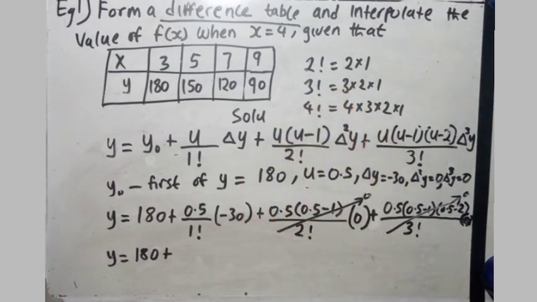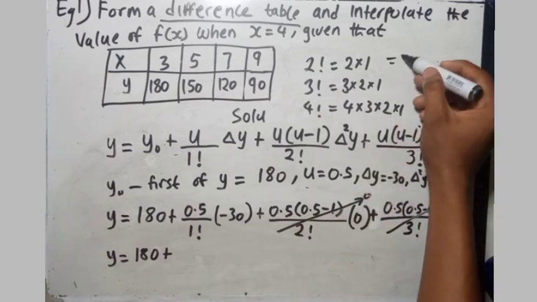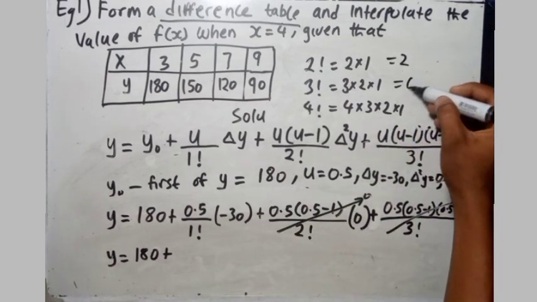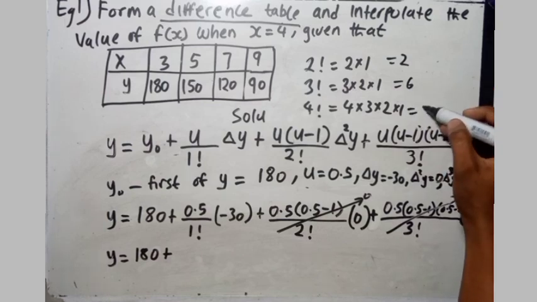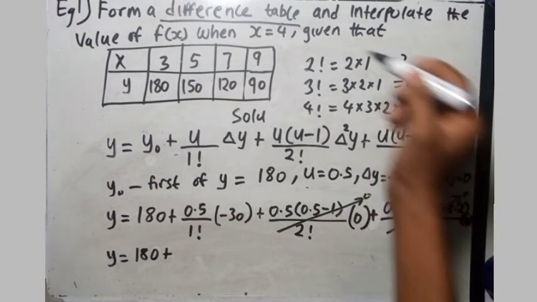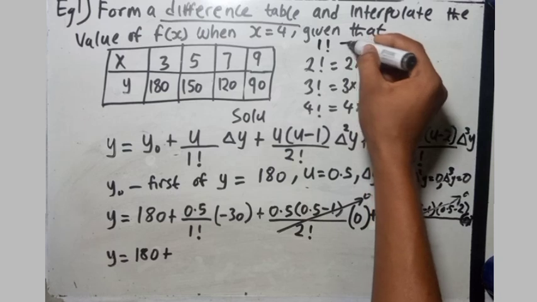You just multiply them all through. So this gives us 2, this is 6, and this is 24. And 1 factorial is just 1.